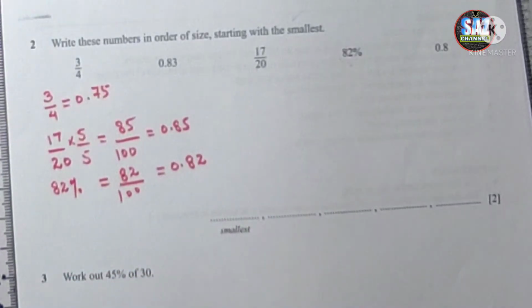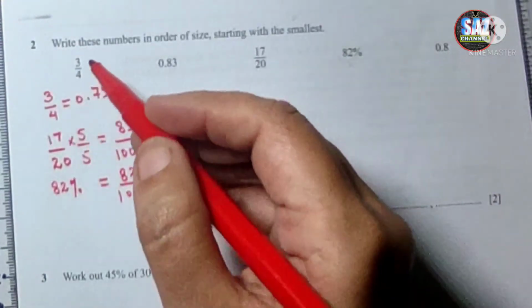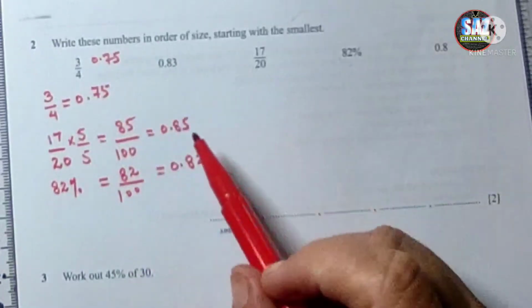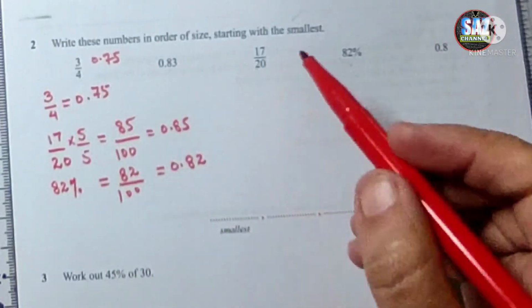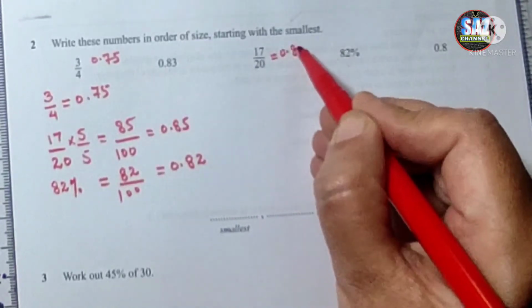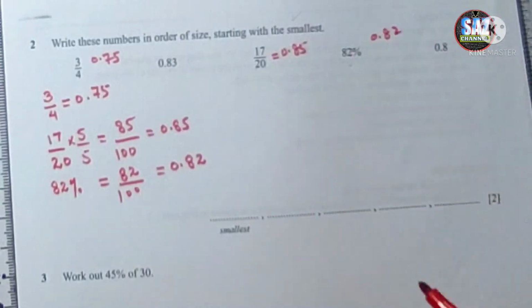Now if we look at all of the calculations, we can see 3/4 is 0.75, then 0.3, this is 0.85, this is 0.82, and this is 0.8.